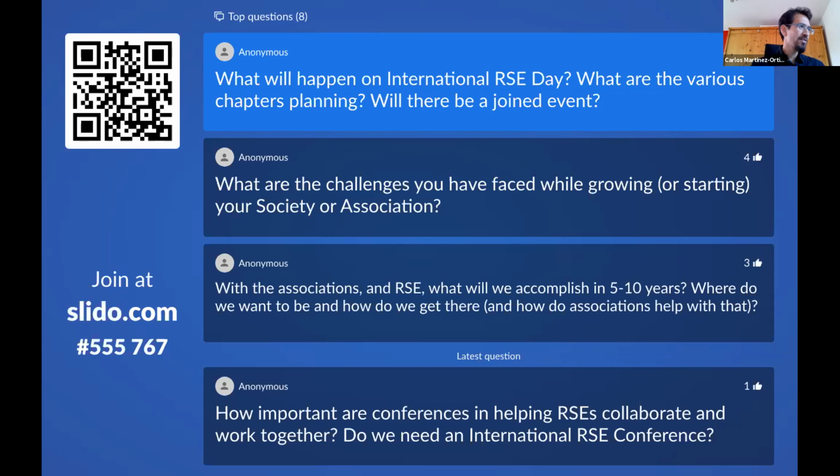For the International RSE Day, we're organizing the Research Software Engineering Roadshow event, which is a networking event mostly for people in the Netherlands, so we can get to know who else is working on research software engineering at the different universities and institutes, and share a little bit of their experience and have more of a celebration feeling of saying, yes, I'm so happy that I'm an RSE because then I get to play with all this cool technology.